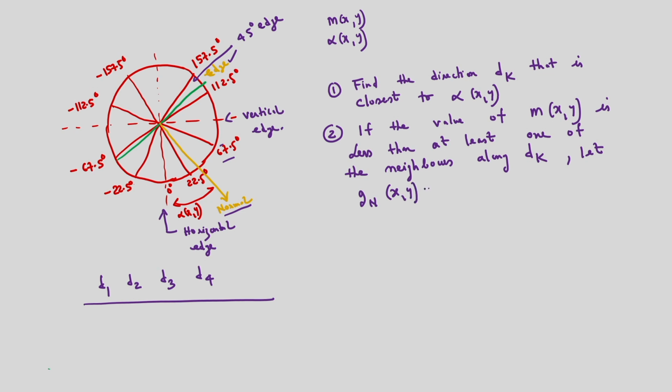Gn xy will be equal to 0. That means I am suppressing that one.